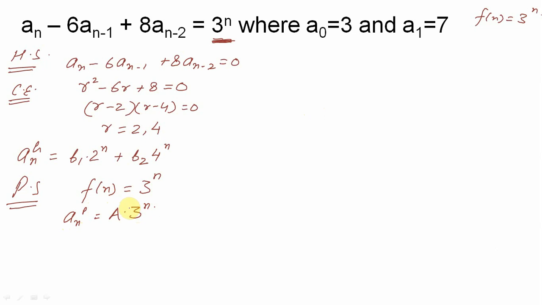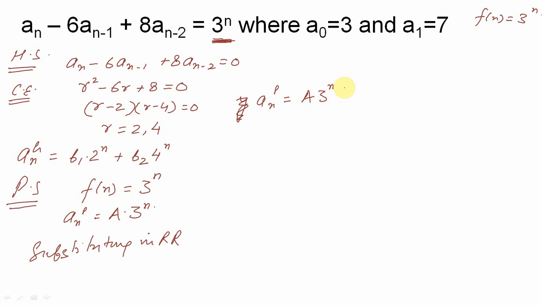So now we are going to substitute this a into 3 to the power n in the recurrence relation. Now please check, as this trial solution has an element n, while substituting you have to pay a little bit of attention. So substituting in the recurrence relation, I get an particular is equal to, the first term is an, so what I get is a into 3 to the power n.